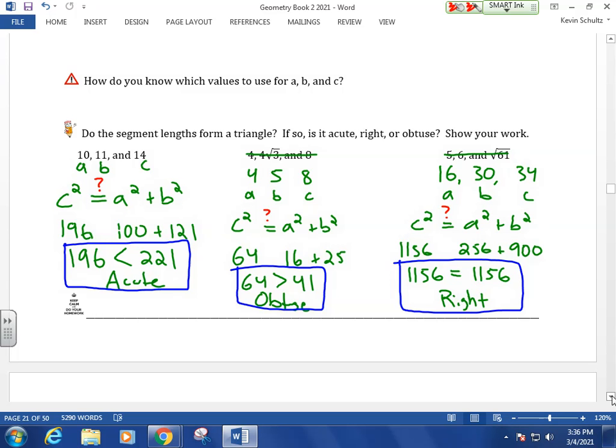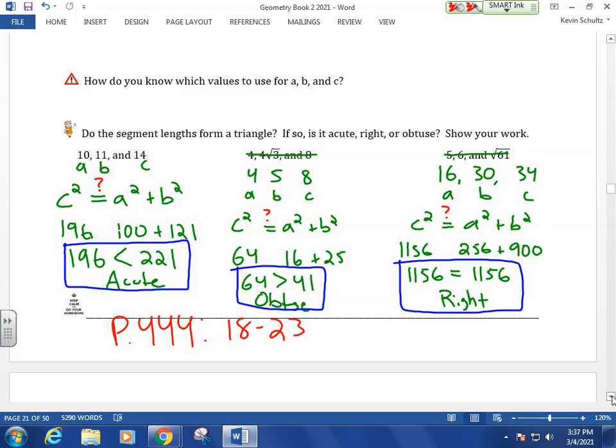But your homework is going to be on page 444. I would like you to do 18 through 23, where you are just plugging values in for A, B, and C and determining whether or not the triangle is acute, right, or obtuse.